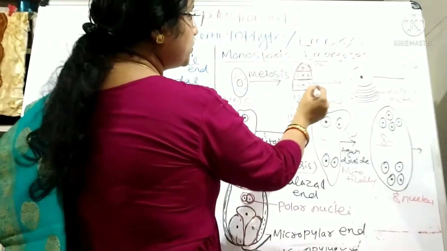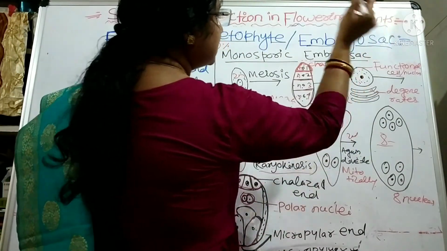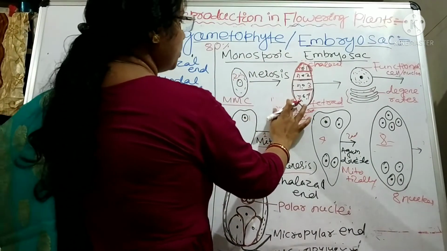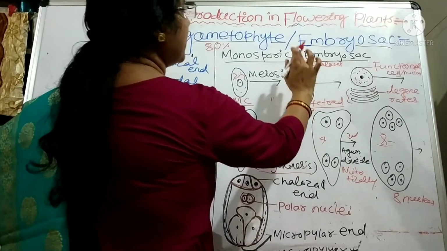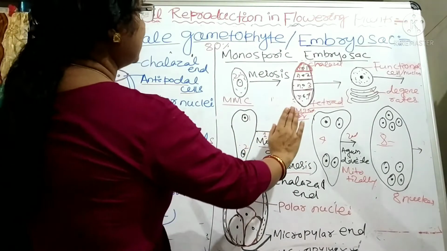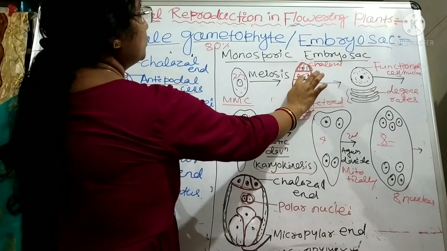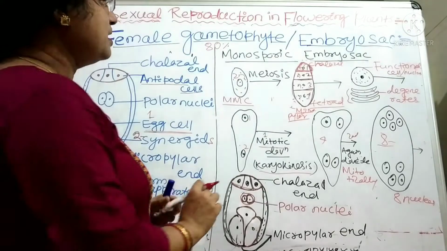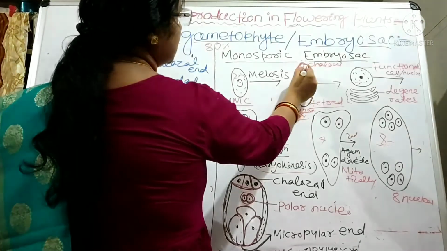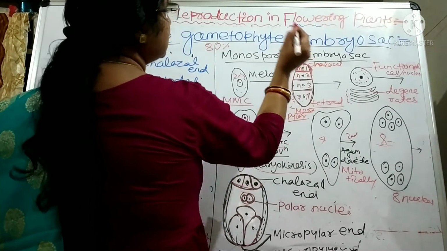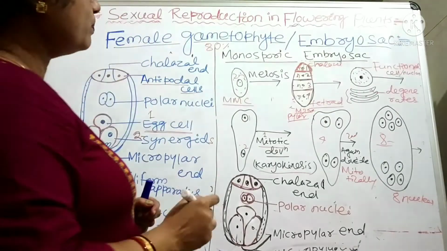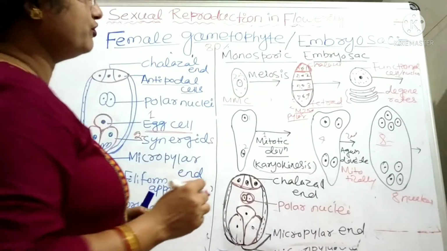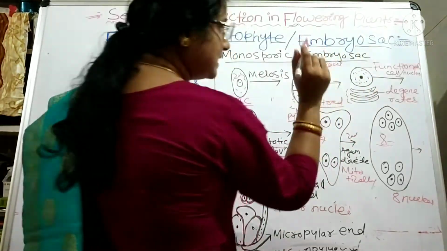Monosporic means single spore. Out of 4 spores, 3 degenerate. Which 3? The spores from the micropylar end. The 3 cells at the micropylar end degenerate and disappear, and the remaining spore present at the chalazal pole undergoes the development of the female gametophyte, and that is known as the functional cell.